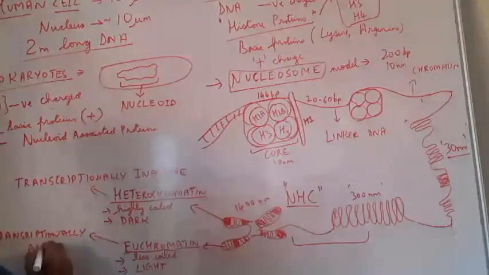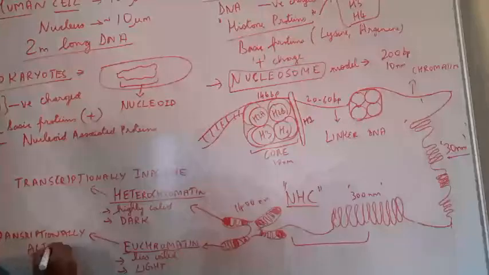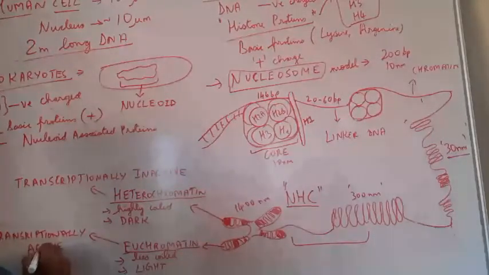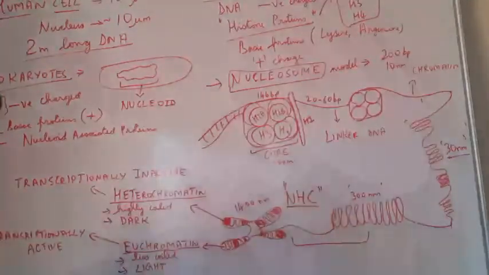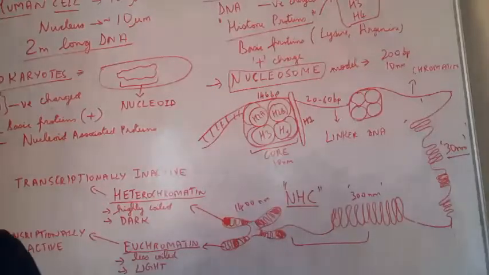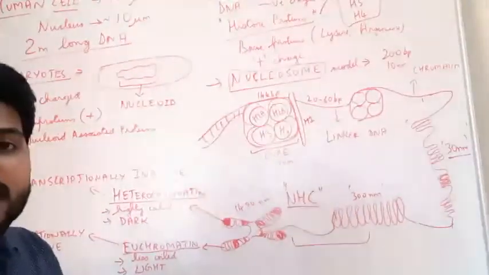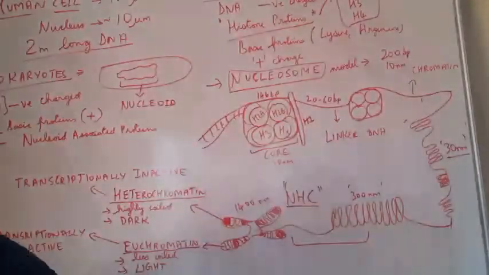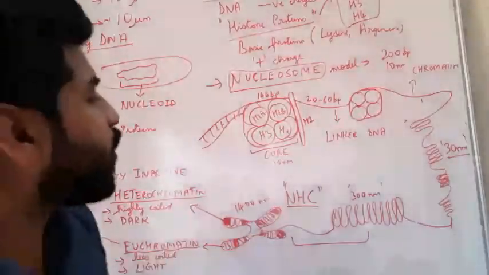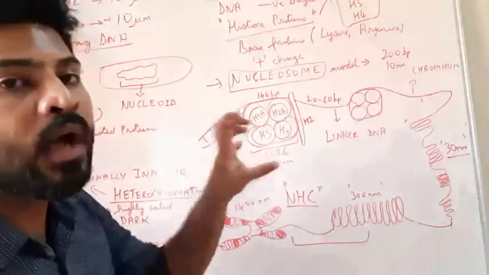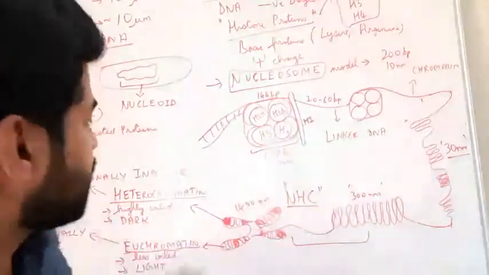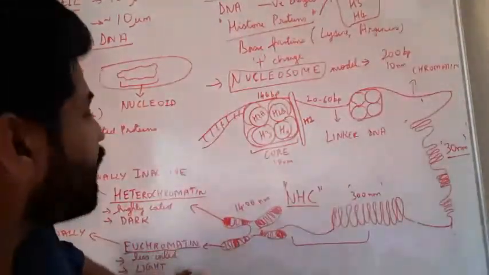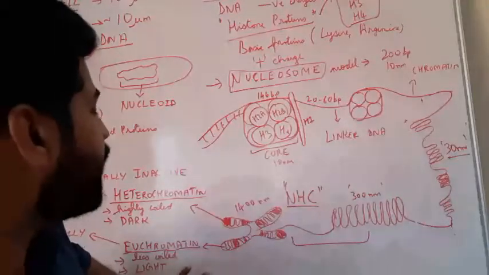That is, the genes present in this region undergo transcription, giving rise to RNA, and these RNA molecules on translation give rise to the respective proteins. So that is how information is passed from the DNA to the RNA and RNA to the proteins with the help of the euchromatin region of a DNA.